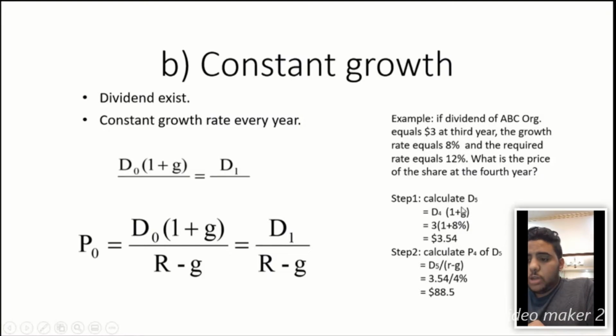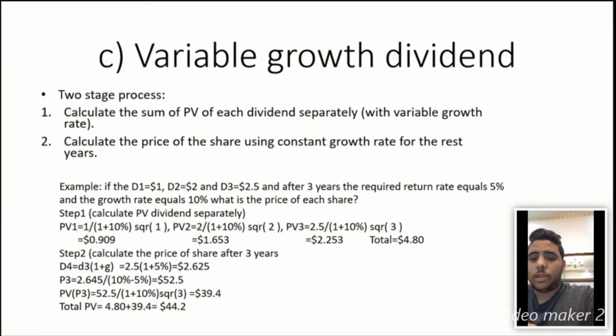First step, we need to get the D4. So D4 equals D3 times 1 plus G, which is equal to $3.24. Second step, we calculate the P3 from D4, which is the price. So we get D4 over the rate of return minus the growth rate, which is equal to $27. Very simple.